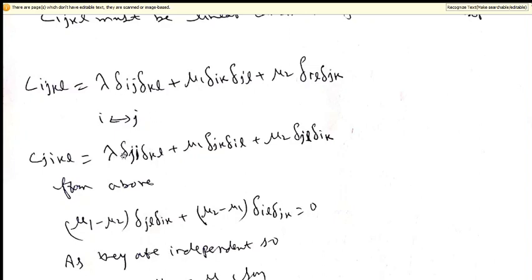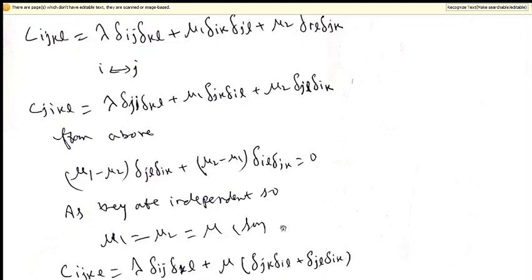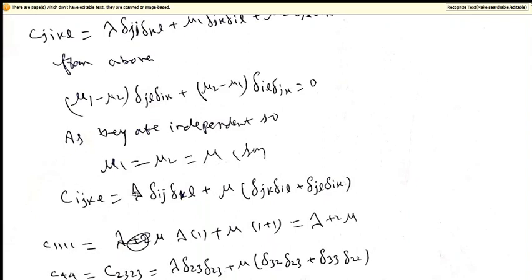This will be cancelled with this, and mu can be taken as common, and we have mu1 minus mu2 into this plus mu2 minus mu1 into this equal to 0, and we have said that these are independent. So due to independence, this is equal to 0 and this is equal to 0, we have mu1 equal to mu2, say mu. They are equal. So we have this.